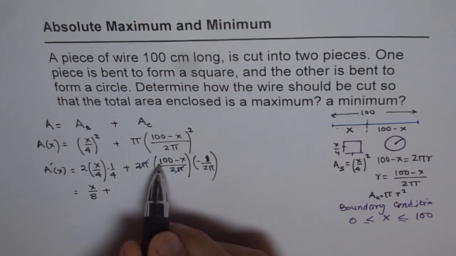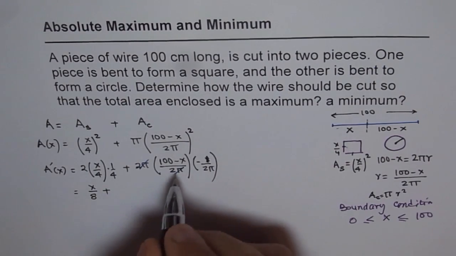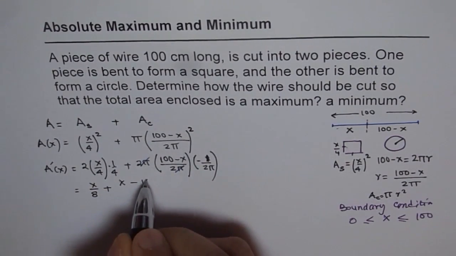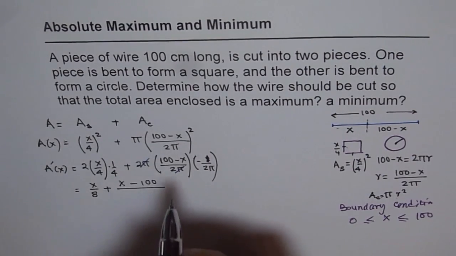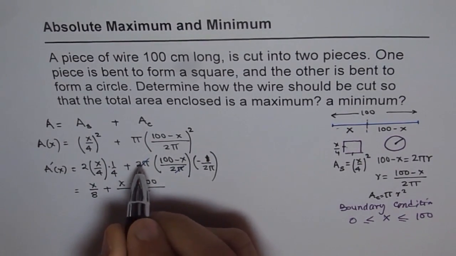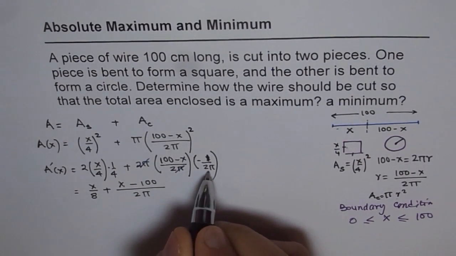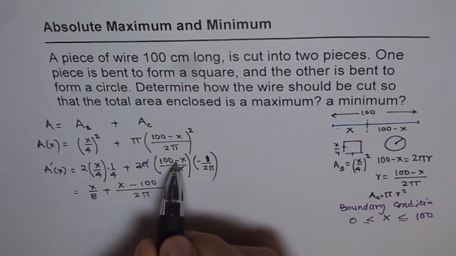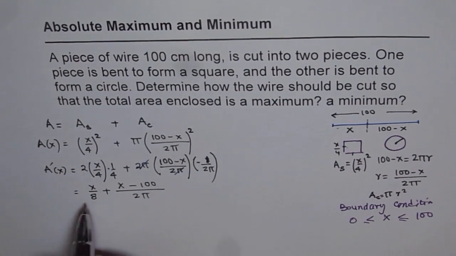We'll multiply 100 with minus and x with minus. So we get, in this case, x minus 100 over 2 pi. Correct? The 2 pi cancel, but we are still left with 2 pi here. Correct? And 100 minus x times minus 1 will give me x minus 100. So that is what I get as my equation.